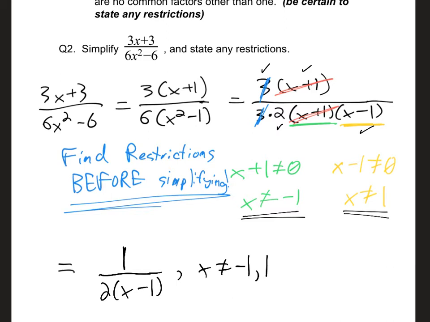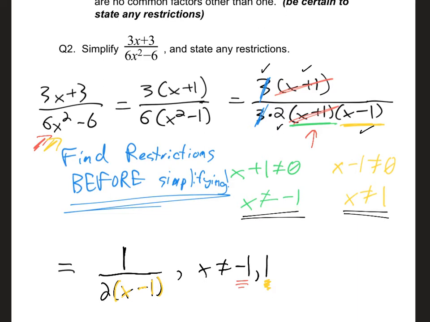If we were to only look at our final answer, then this x minus 1 in the denominator would lead us to one of these terms, but it would not lead us to the other one, because this second restriction of negative 1 was factored out in this step. But both of those restrictions still exist in the original denominator.